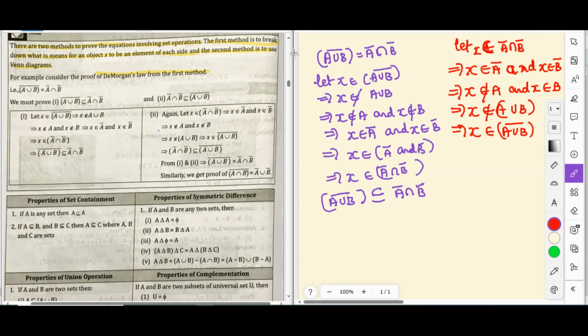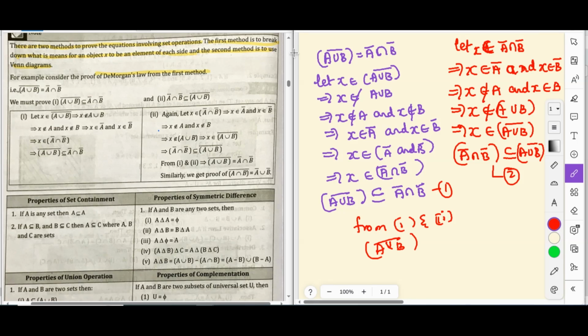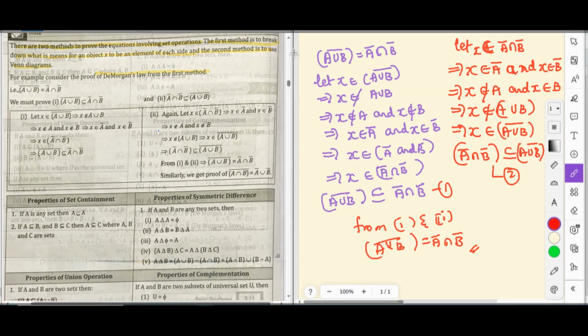Therefore A dash intersection B dash is a subset of or equal to A union B whole dash. You can call this 1 and this 2. From 1 and 2, A union B whole dash equals A dash intersection B dash is proved.